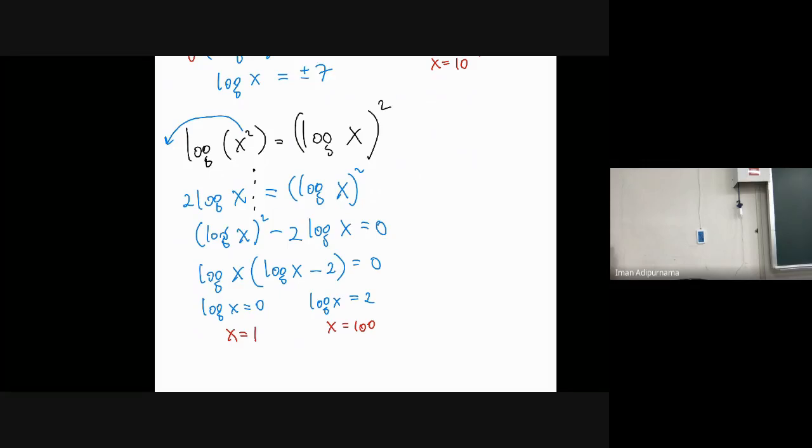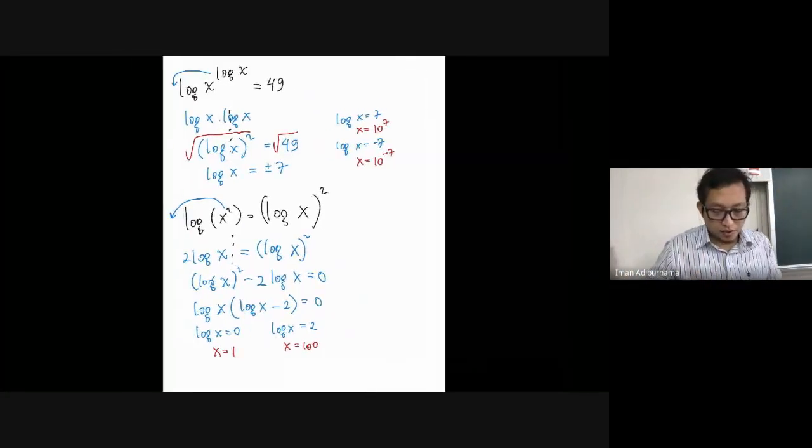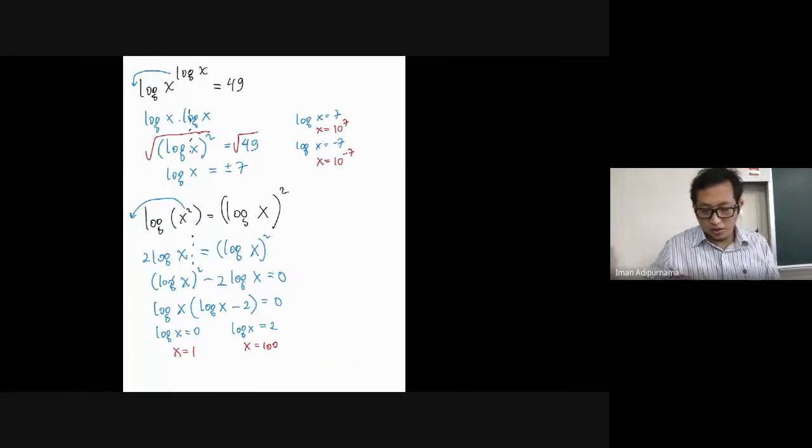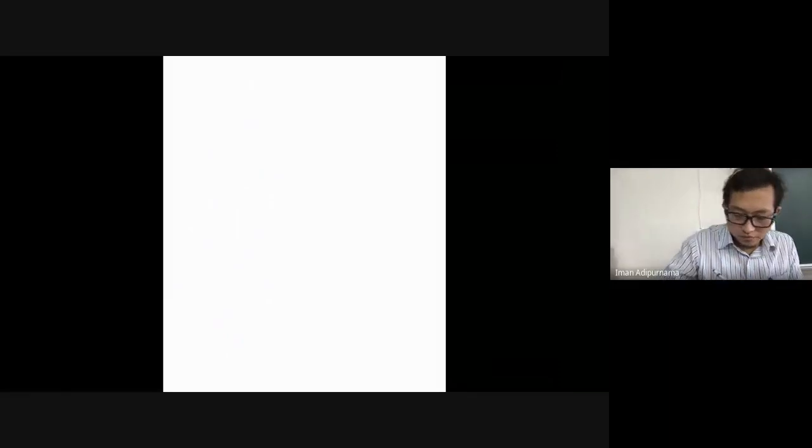So don't forget that every log you have, if you don't see any base at all, it means it's base 10. So when you have log x is 0, this means 10 to the power of 0, it's 1. And this is 10 to the power of 2, it's 100.